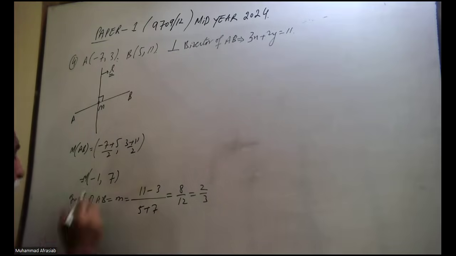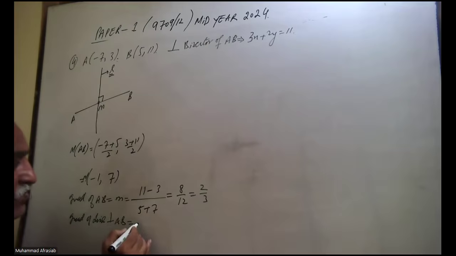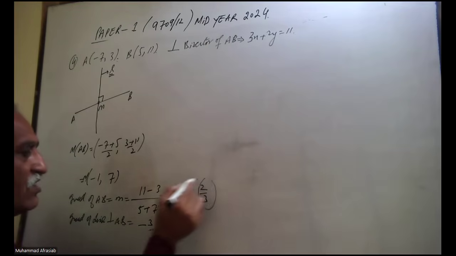And the gradient of the line perpendicular to AB is equal to minus 3 over 2, because it is the reciprocal of this portion.